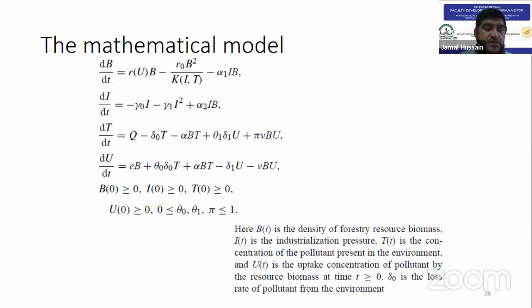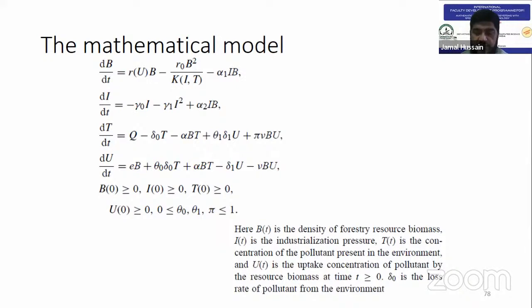B is that resource biomass that we are talking about. And we want to see the effect of industrialization and environmental pollution on this biomass B. Okay, that represents plants and trees and so on. So you can see B(t) is the density of the resource biomass. I is industrialization pressure. T is the concentration of pollutant present in the environment.